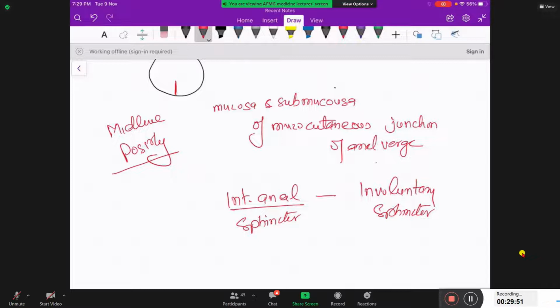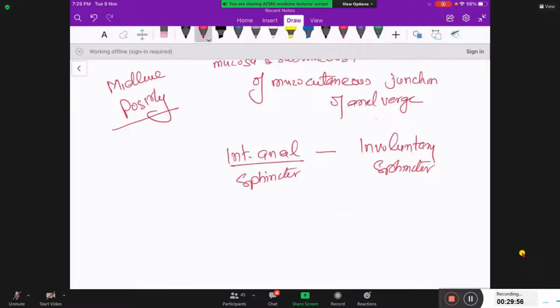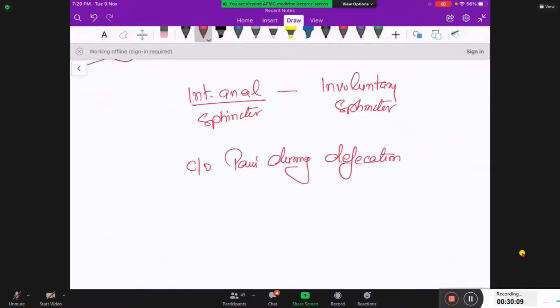Right? So how will this patient come to you? The patient will come to you with a complaint of pain during defecation. Patient can also come to us with blood streaked stool.